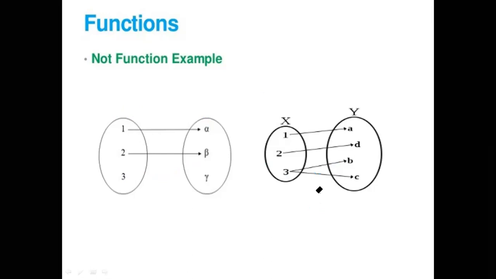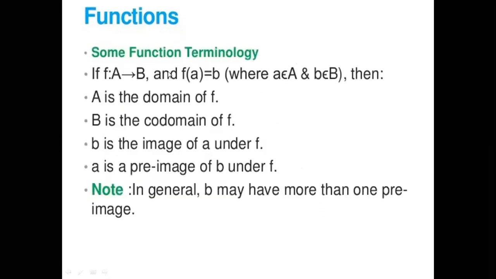Now, some basic terminology of function. If we are given two sets A and B, and f(a) = b, where a belongs to set A and b belongs to set B, then A is the domain of f.